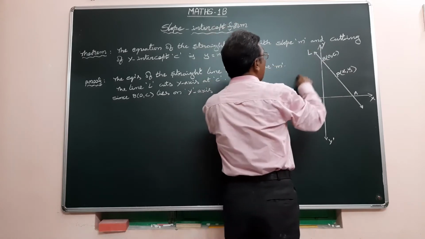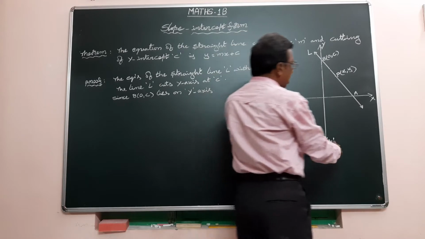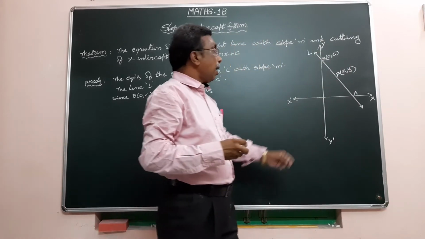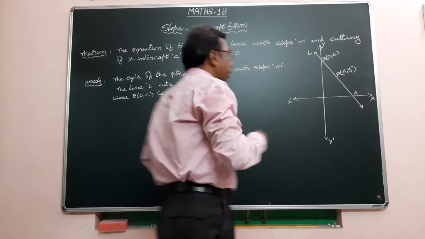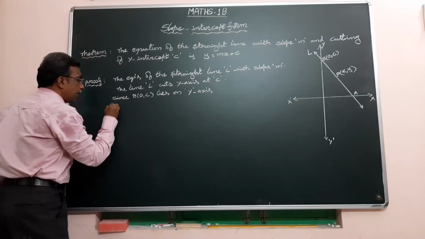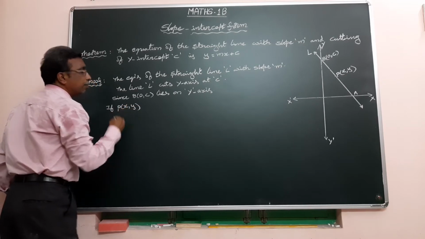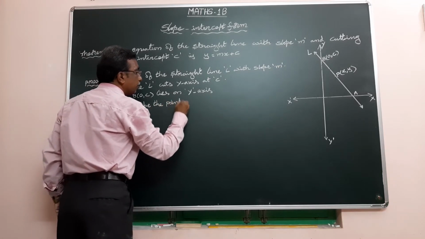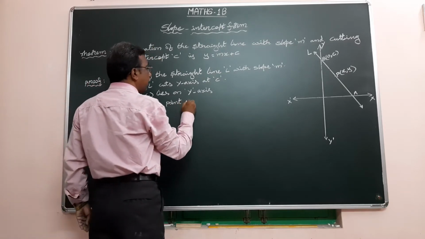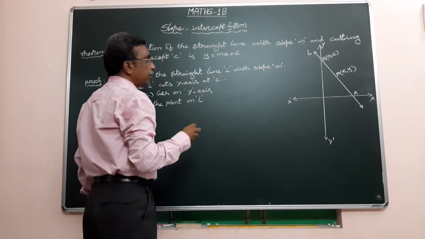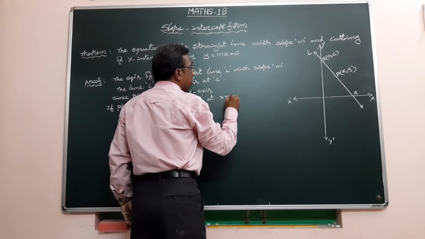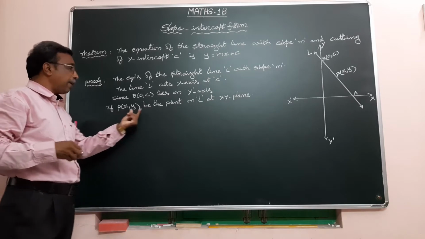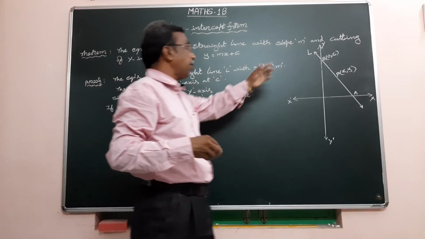So P of x comma y is a point on L in the xy plane.